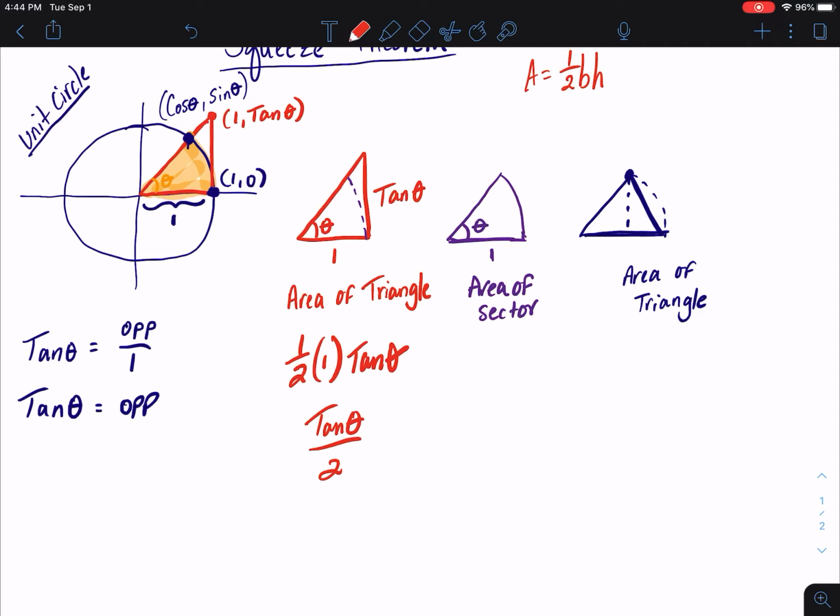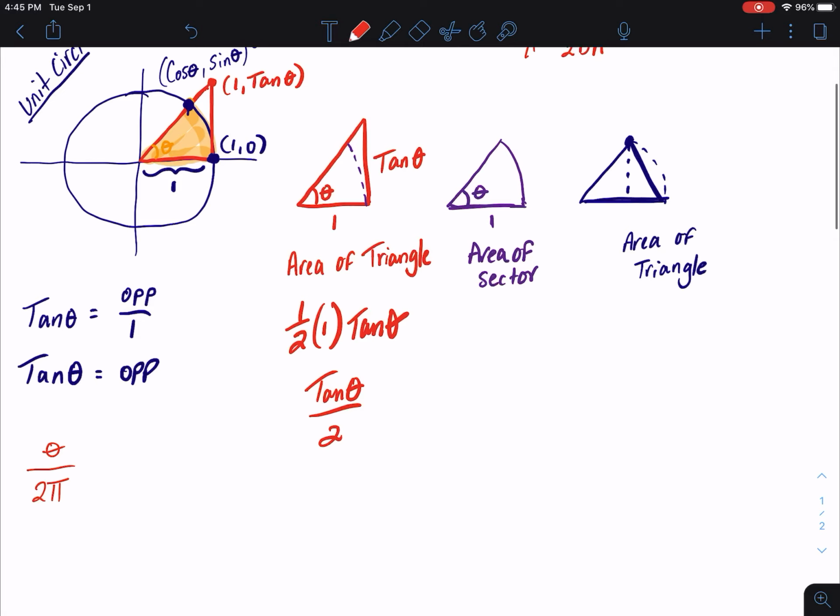And so this entire circle is 2 pi. Okay, and so this is going to be theta over 2 pi, that's going to be the fraction that we're looking at, this highlighted area. Okay, so that's the fraction of the whole circle.